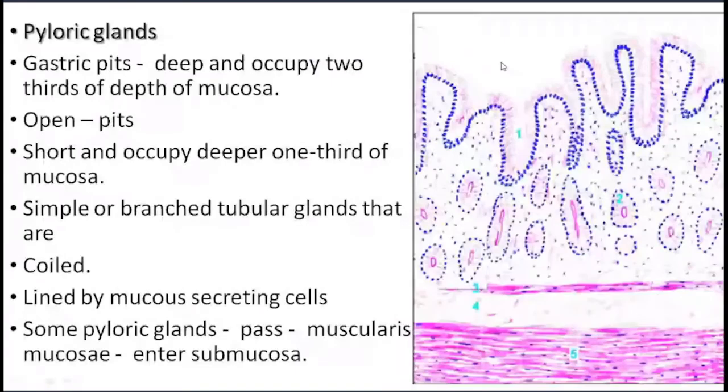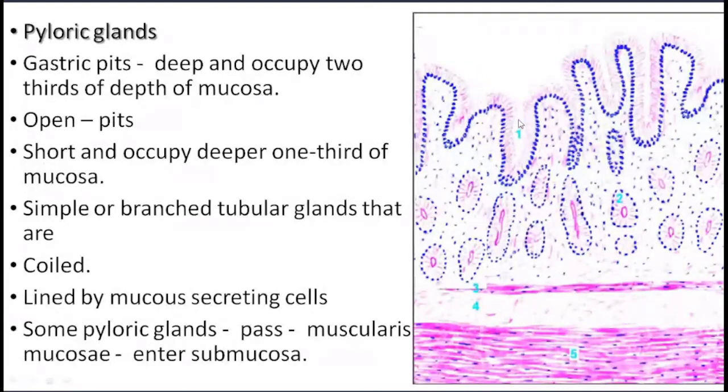Now coming to the pyloric end. In the pyloric region, you can see the deep gastric pits as compared to the fundic parts. The gastric pits occupy 2/3 of the depth of the mucous membrane. That is, 2/3 of the mucosa will be occupied by the gastric pits.